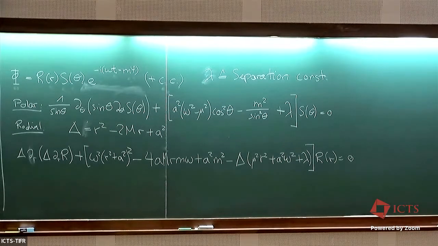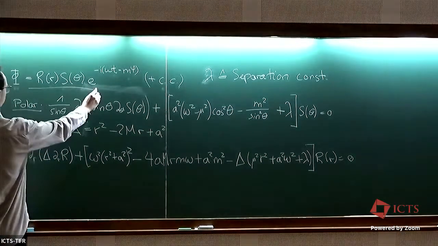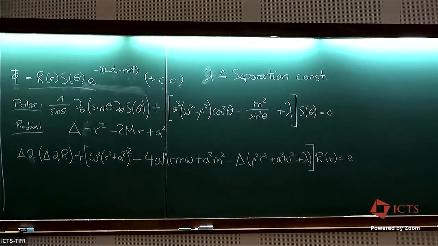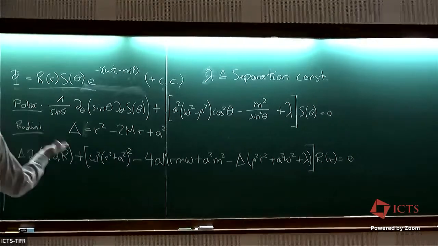And so that way we were able to make a separation ansatz for the scalar field, which then separates this master equation into a second order ODE for the polar dependence and a second order ODE for the radial dependence. So we've already simplified the problem significantly from a PDE to a set of ODEs.